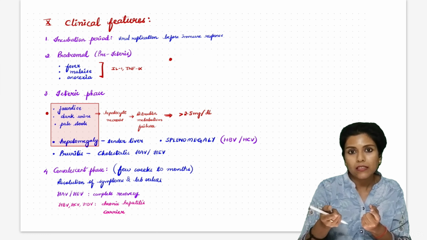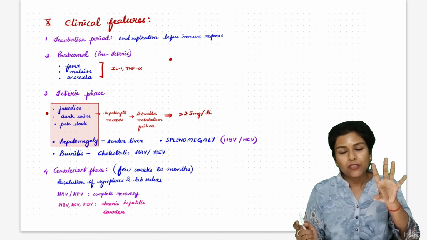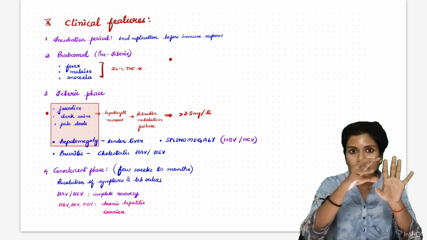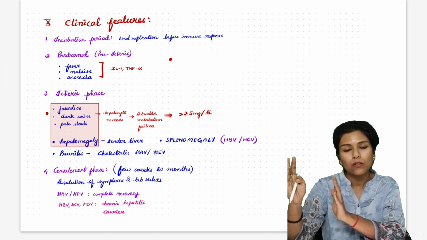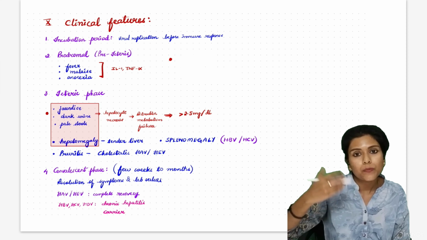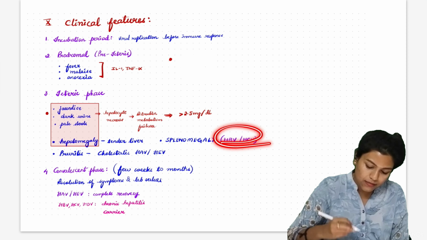From all these three places, the portal vein carries blood to the liver. In the liver, there is inflammation. Liver congestion will happen. Because of congestion, this blood can't move inside the liver. It will stay stagnant. It will backflow. Because of backflow, the spleen receives more blood. So splenomegaly is seen because of heavy inflammation in hepatitis B and hepatitis C.